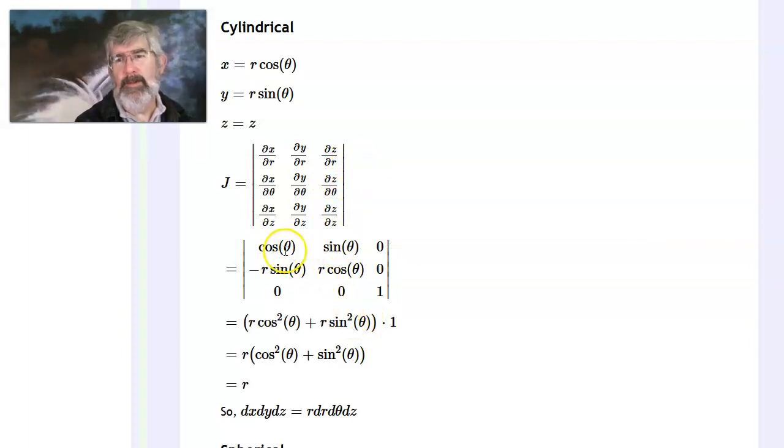And of course, the partials look just like they did a moment ago for x and y versus r and theta. And then x is not a function of z, so that partial is 0. Z is not a function of r, z is not a function of theta, x is not a function of z, y is not a function of z, and the function of z with respect to z is just z, and the partial there is 1.